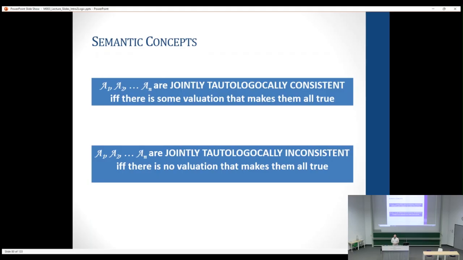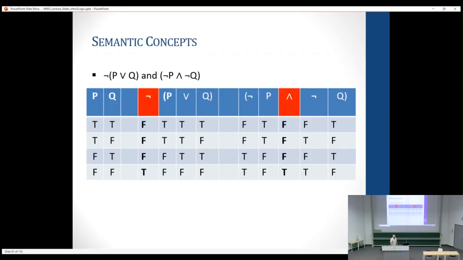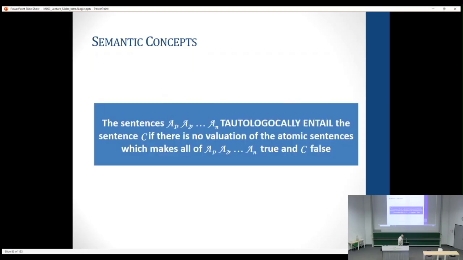Okay, so we know how to look for things being a tautology or a contradiction. We know how to show things about tautological equivalence. We know how to show some sentences are jointly tautologically consistent or inconsistent, but the big one is still lurking. We want to test for validity. To get a run-up for validity, we're going to define a different notion.